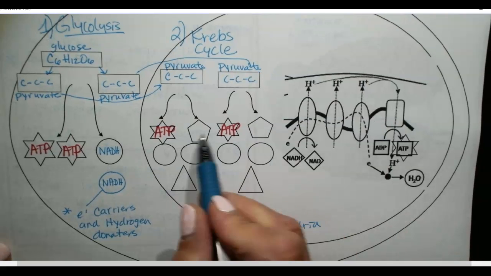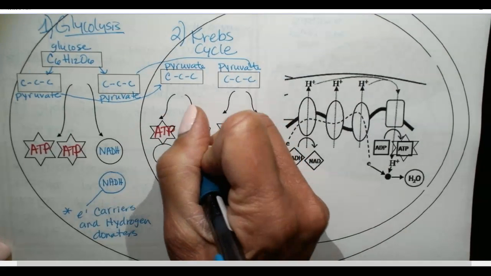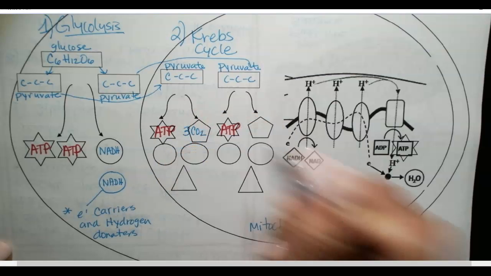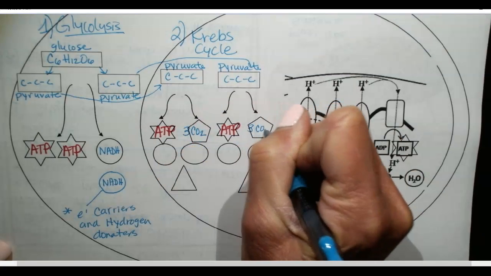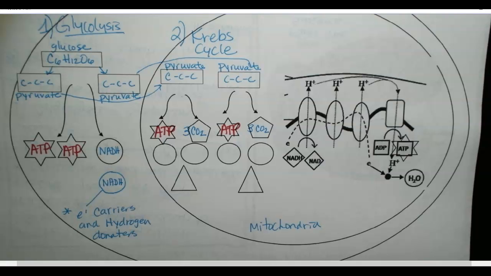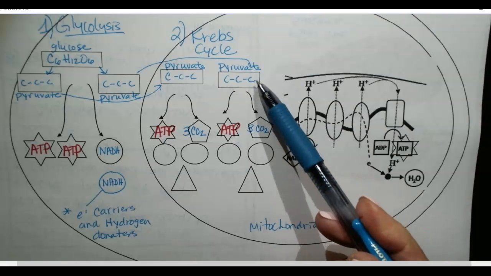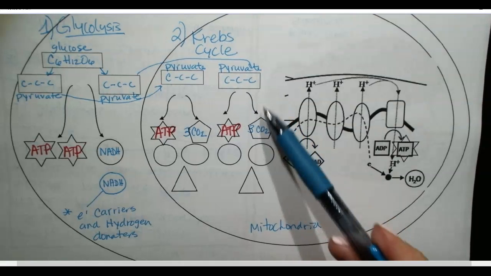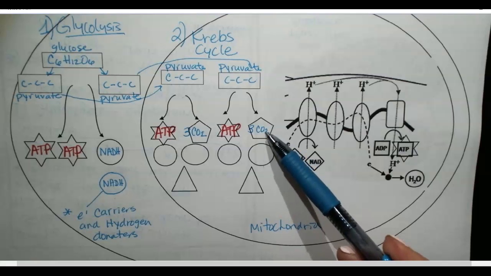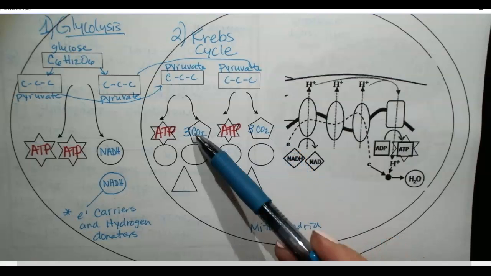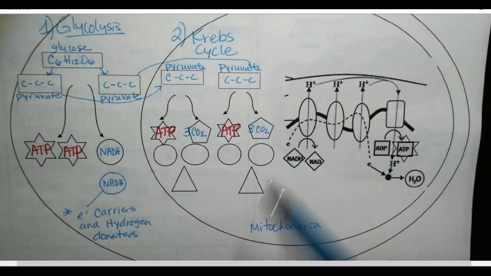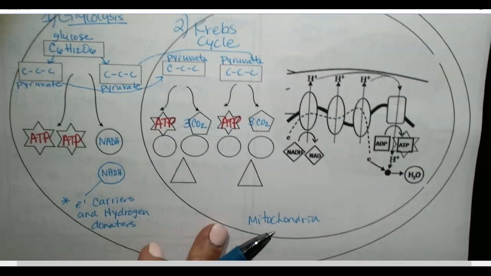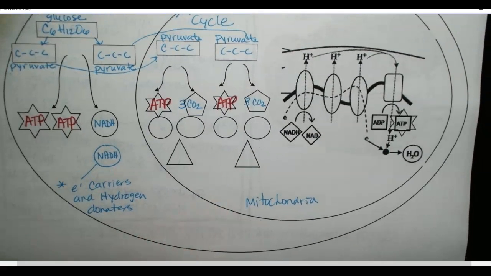So each of these stop signs represent 3 carbon dioxide. Kind of makes sense. If I got 3 carbon in each pyruvate, it can break down and make 3 carbon dioxide. So 3 carbon dioxide here, 3 carbon dioxide here. We're not quite done, okay?